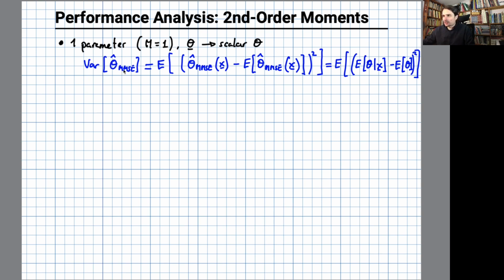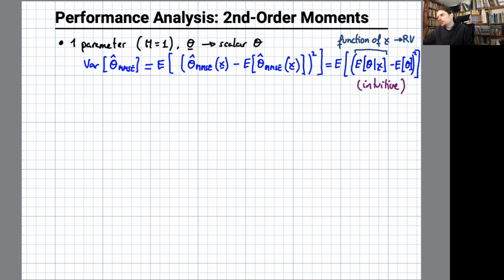The variance of the MMSE estimator is, by the definition of variance, the expectation of the squared difference of the estimator minus its mean, okay? And the estimator is, as we know, just the conditional mean, and this is, by what we saw in the previous slide, the mean of theta, okay?